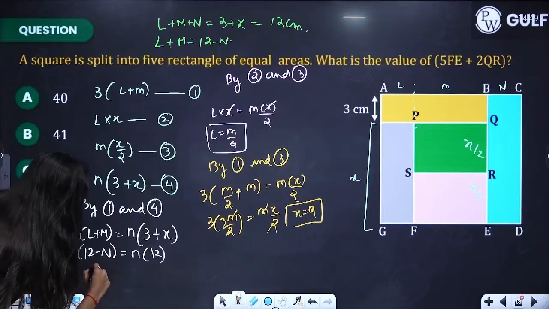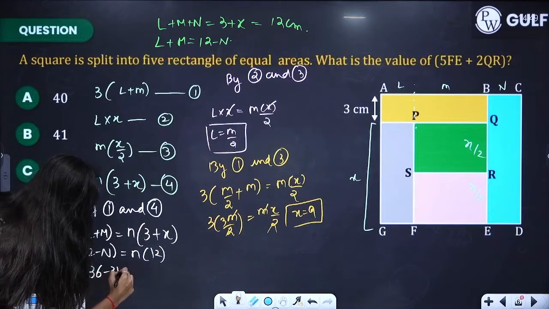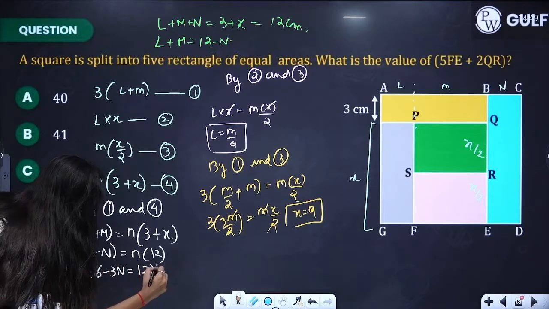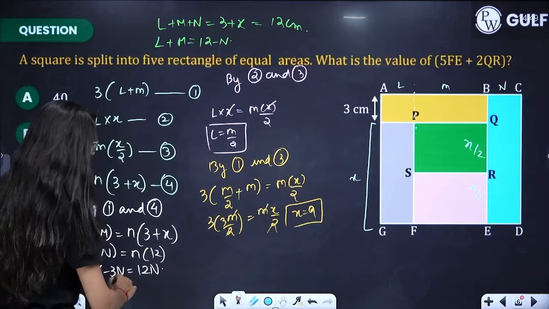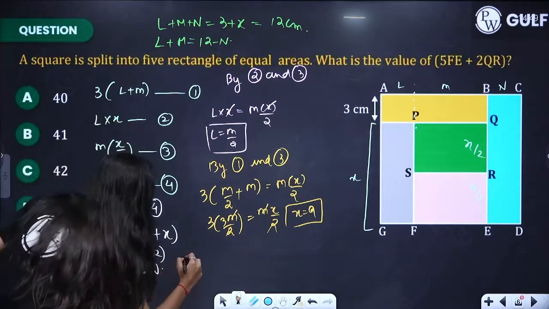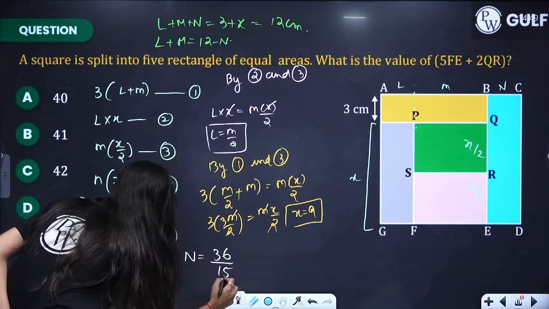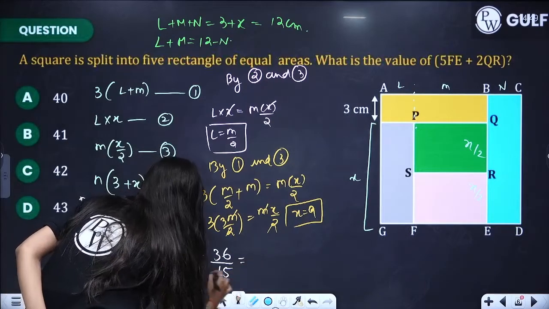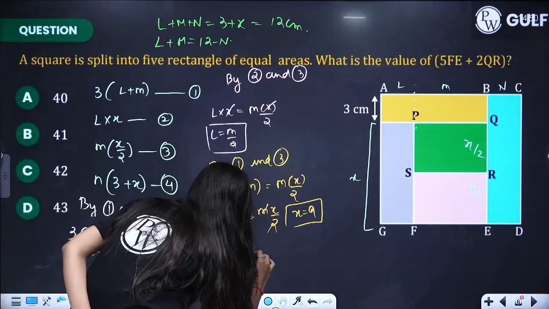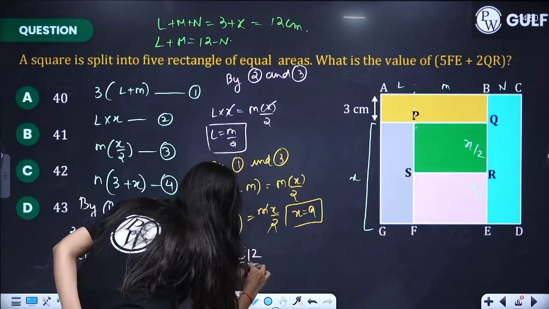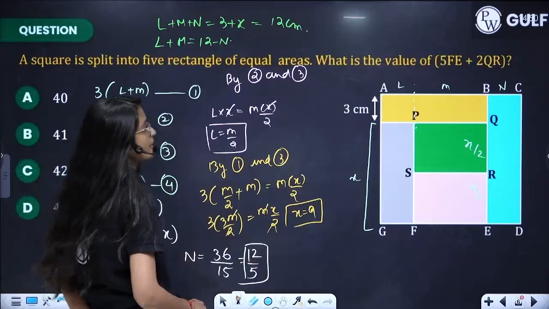Solving it further, 36 minus 3n is equal to 12n, which will be n is equal to 36 divided by 15. Solving it further, you'll get 12 by 5. So the value of n you got is 12 by 5.